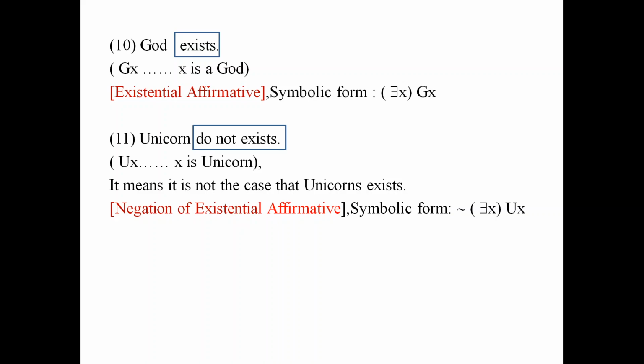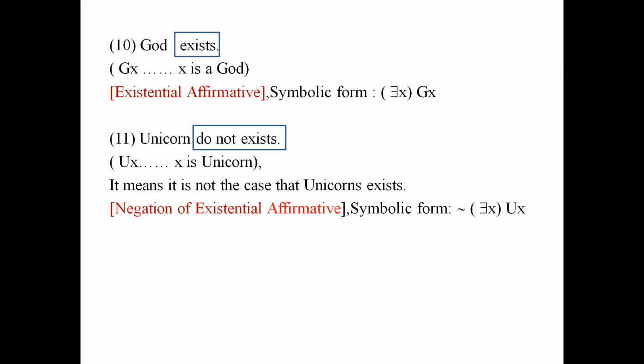So you will write the expression as curl, existential quantifier capital Ux, small x, and it will be read as it is not the case that there is at least one x such that x is a unicorn.